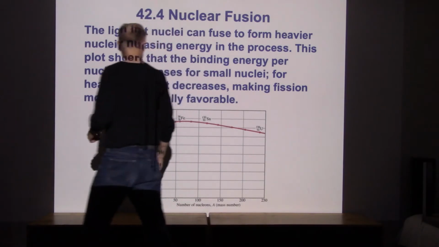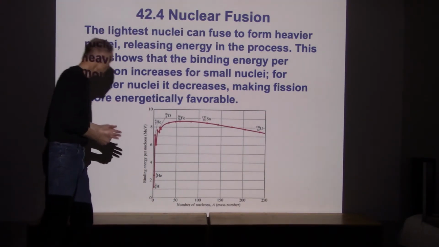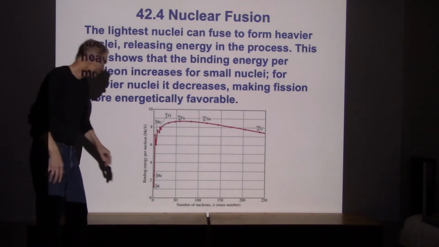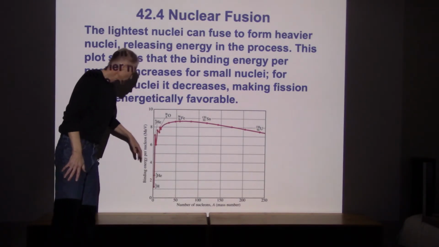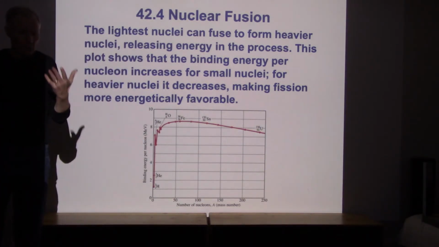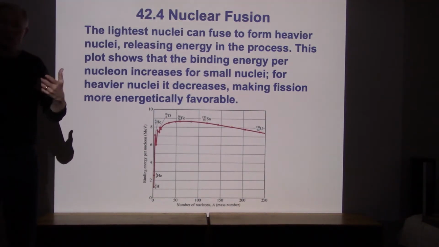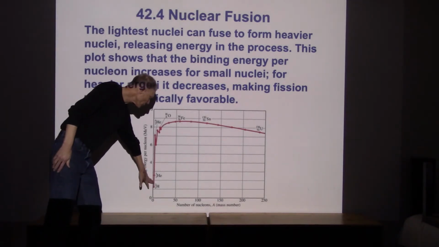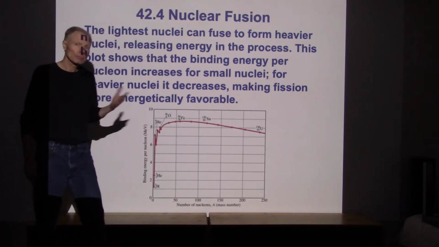Now in the other direction, what this table is also telling us is, in the opposite direction, if I start with materials like individual protons, or deuterium, tritium, helium-3, you can see some of these materials, as we fuse them together, if we were able to run reactions to start with very simple nuclei and then combine them, we could go from really low average binding energies up to really high binding energies pretty quickly.